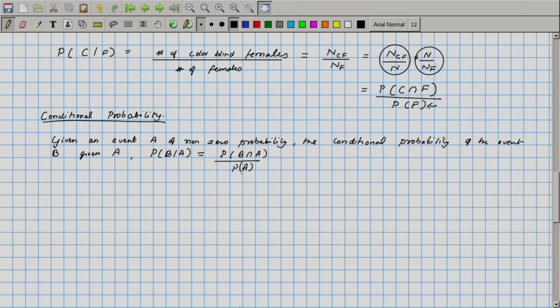Okay. So, we can take a sample space, a probability space, and based on a particular event, say A, we can define conditional probabilities.